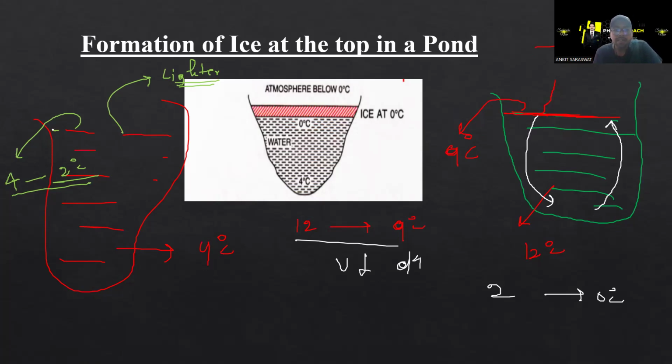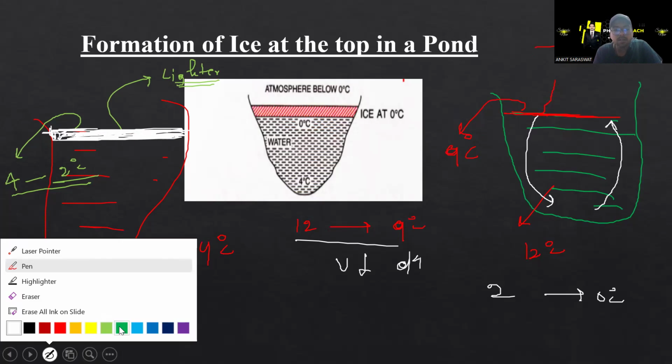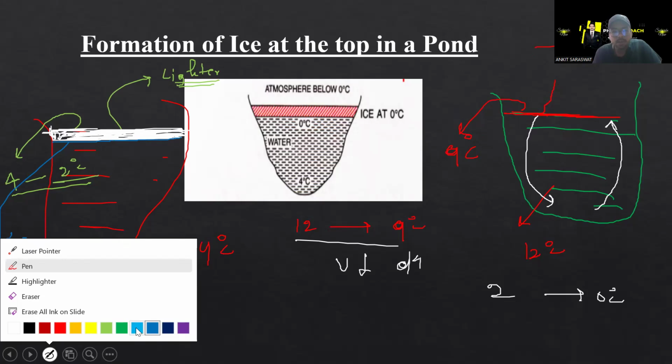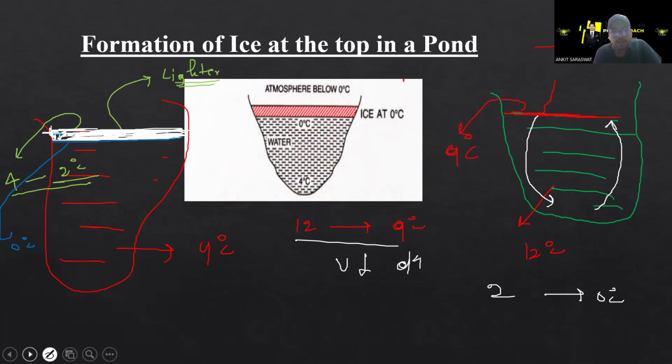So at 0 degrees Celsius, one thick layer of ice is formed at the top. The layer of water which is in touch with this ice layer is at 0 degrees Celsius, and this white layer of ice is formed at the top of the water.